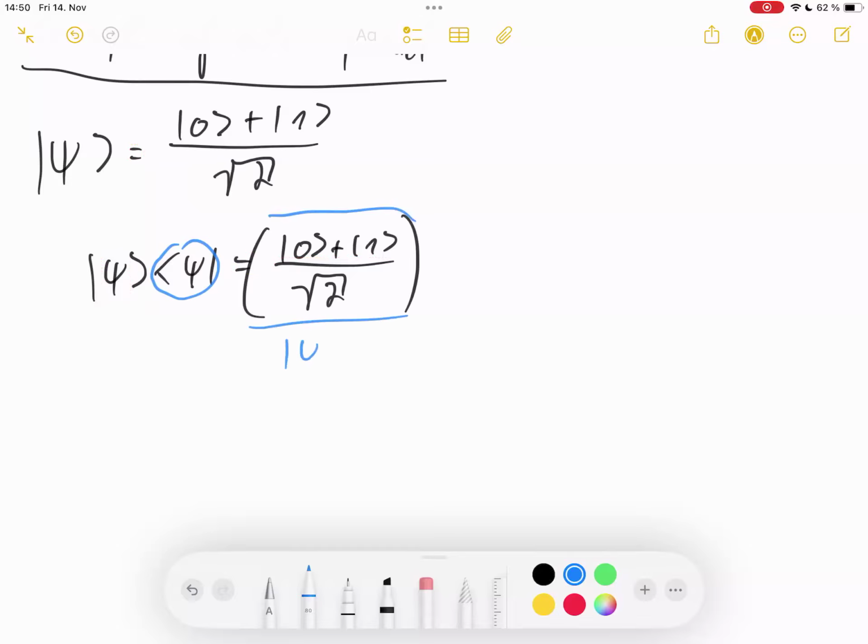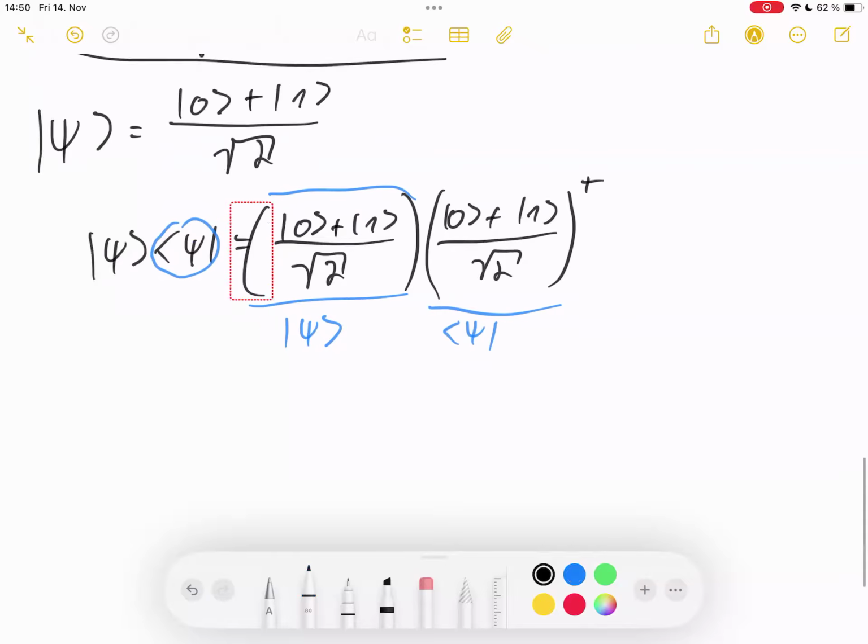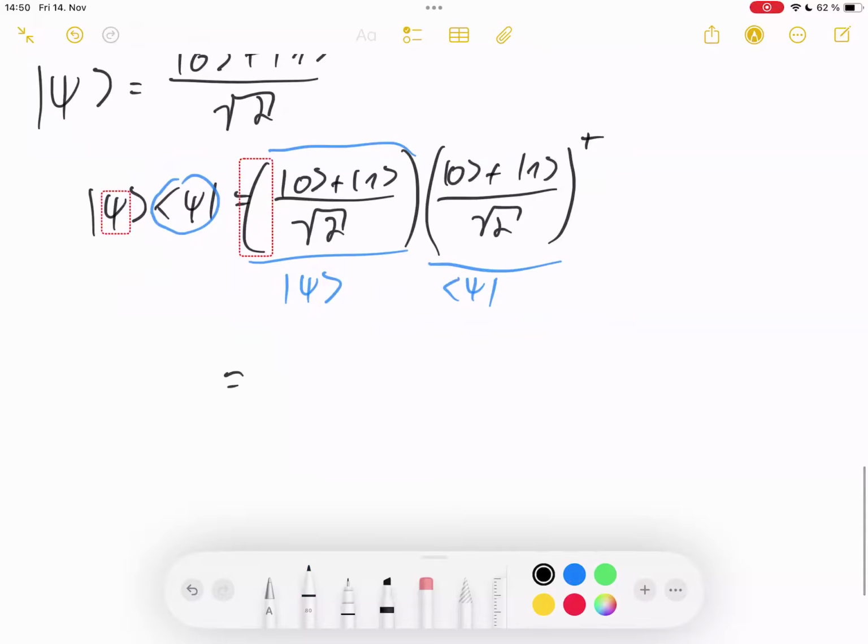So this was the psi ket, and the psi bra is just the 0 ket plus 1 ket divided by the square root of 2. We take the adjoint. So this is the relationship of these two. So this is our psi bra.